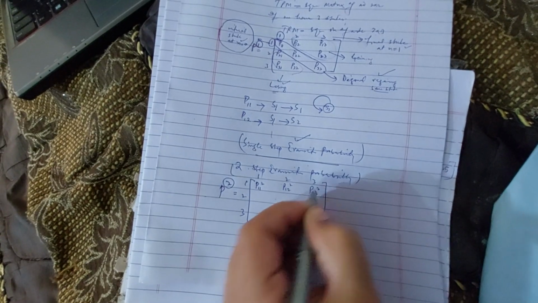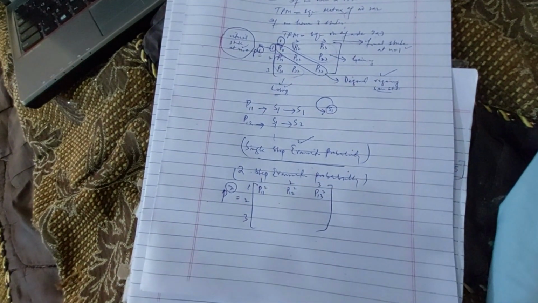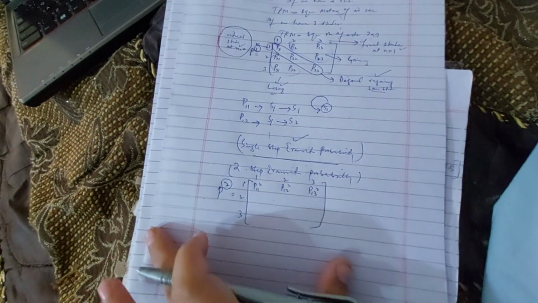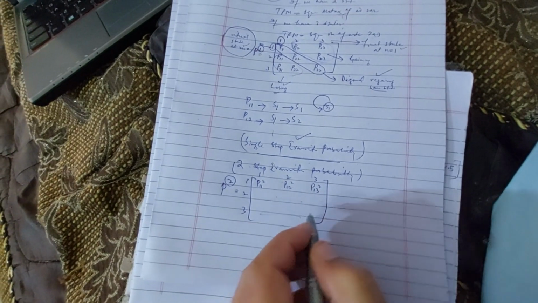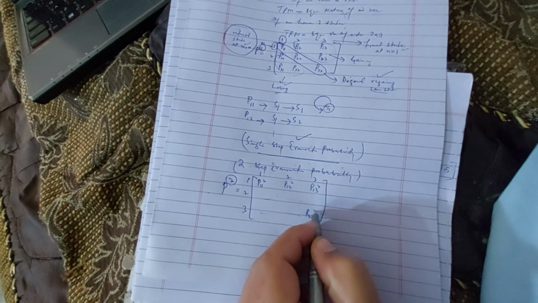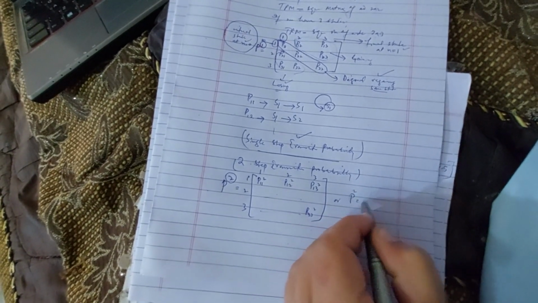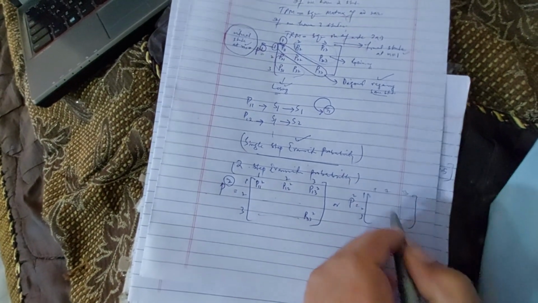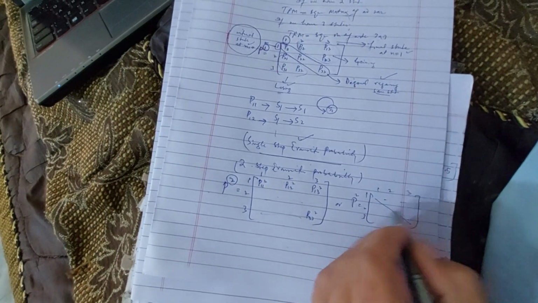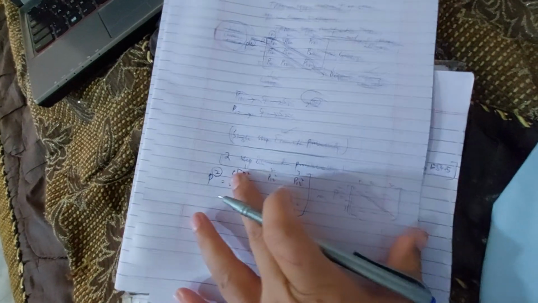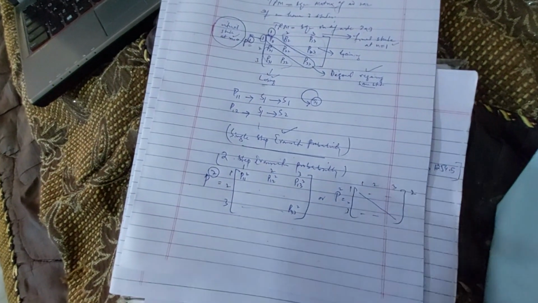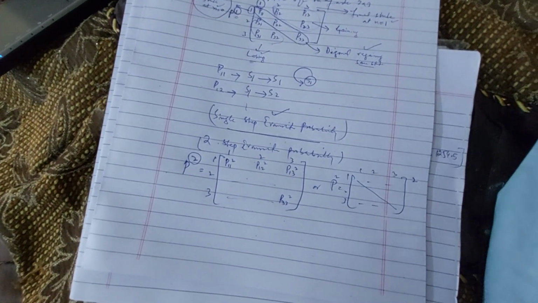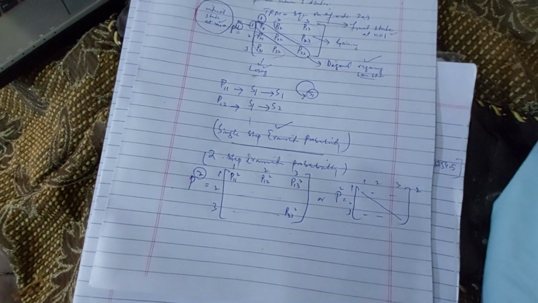We just take the square of each probability, and so on, up to P33 square. So P square is the matrix of 1, 2, 3 by 1, 2, 3, taking the square of this whole matrix.